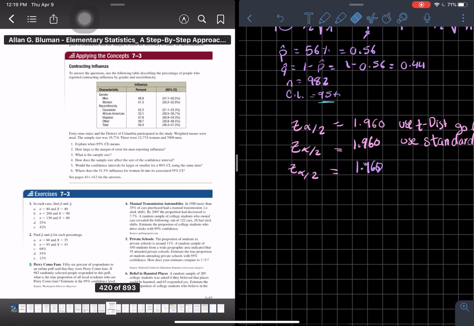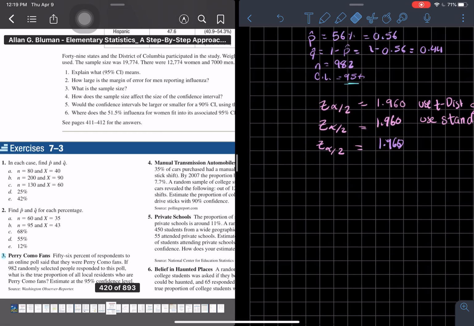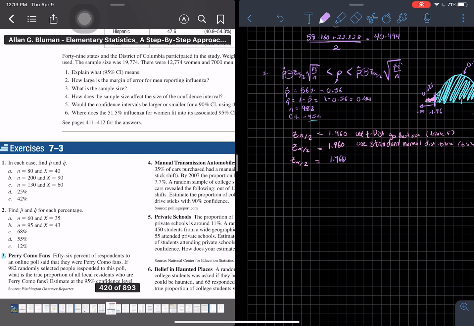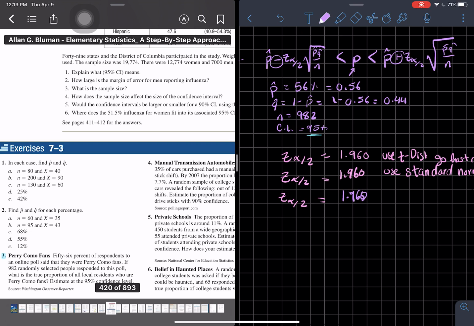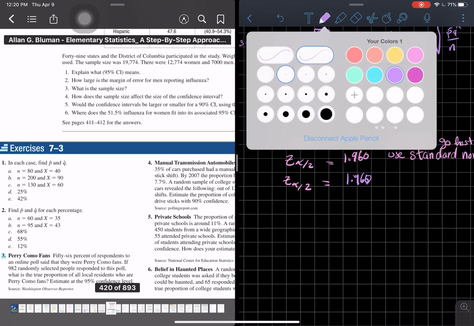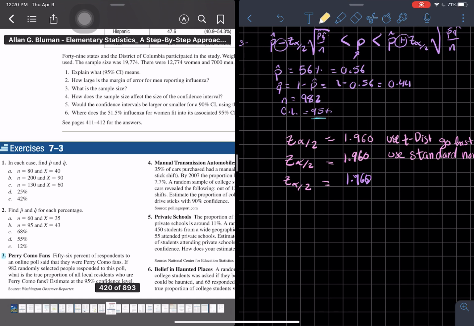Okay. Yeah. So now, let's look at the problem. We're just going to plug it in now. I know my n, I know my p and q, I know my z alpha over 2. We have everything. Let's just start plugging stuff in. My p hat, well, we set p hat as 0.56 minus z alpha over 2, 1.960, times the square root of 0.56 times 0.44, that's p and q, divided by 982.